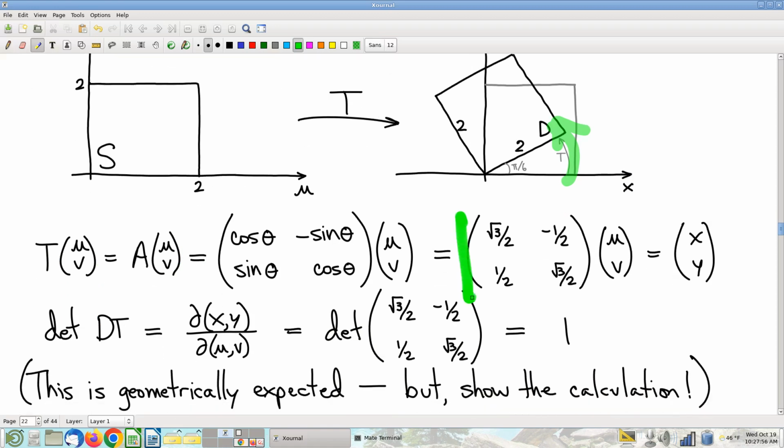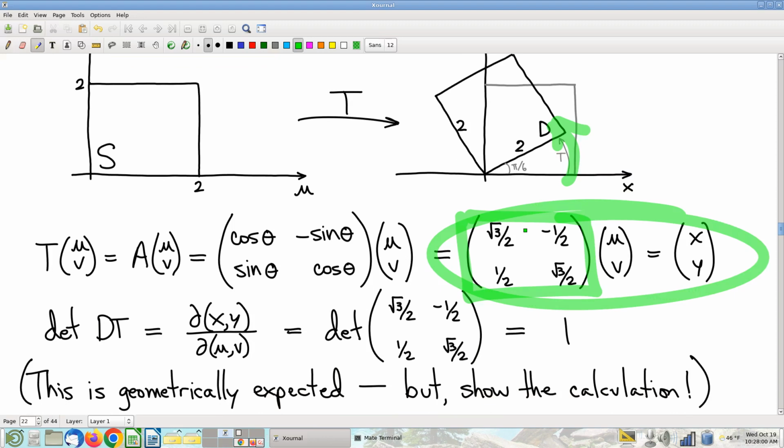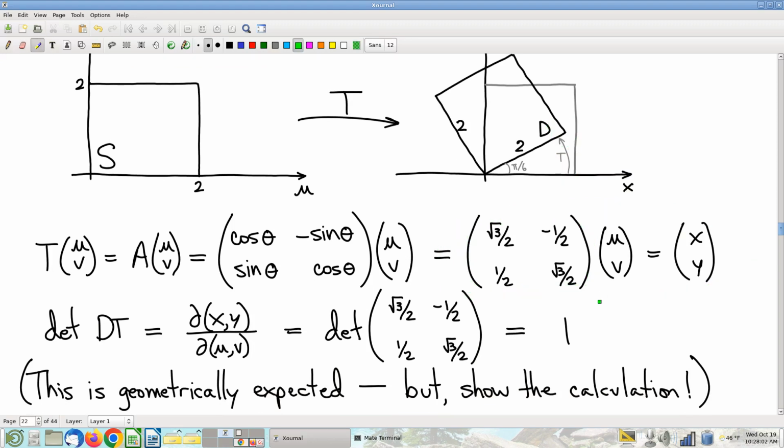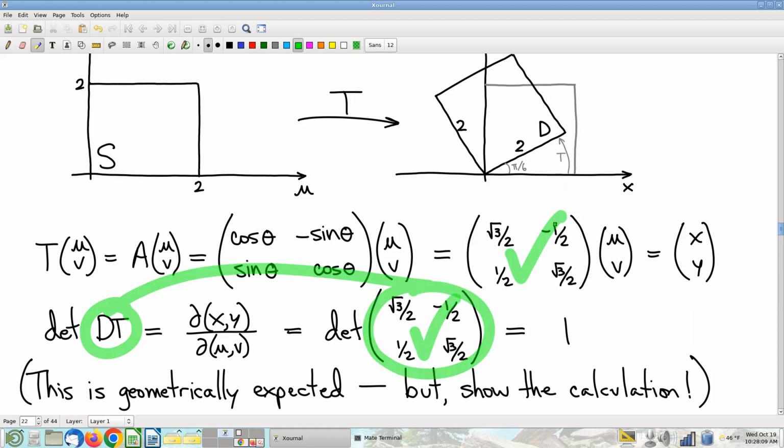The matrix that defined the linear transformation, its derivative, same matrix. So I don't know if you noticed that when we were doing this example. I didn't point it out specifically, but like I say, we've seen it before, right?